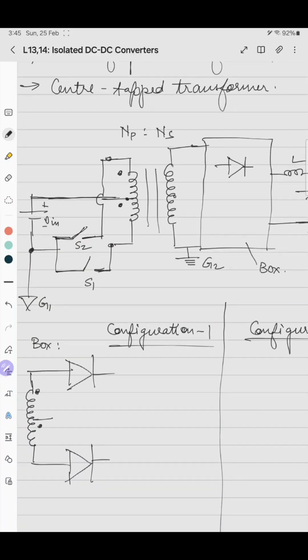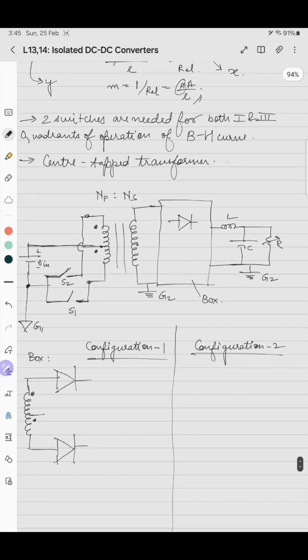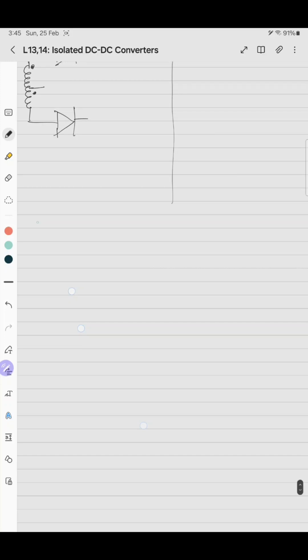Why? Because if the dot convention is like this, what will happen is that when the switches are on, say when S1, S2 are both on, the primary will be like this.